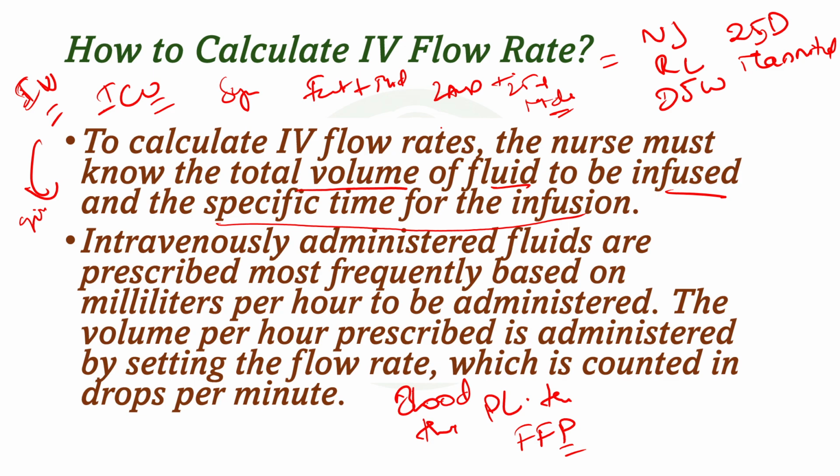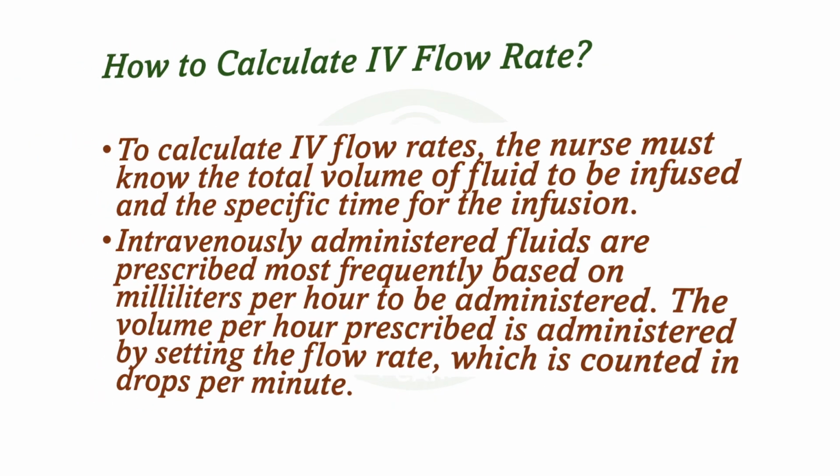But other medications we have to calculate and administer very slowly, for example calcium gluconate or magnesium sulfate. Whenever we give magnesium sulfate, the patient will complain of hot flashes on the face. So we need to calculate according to the physician, and only then administer.